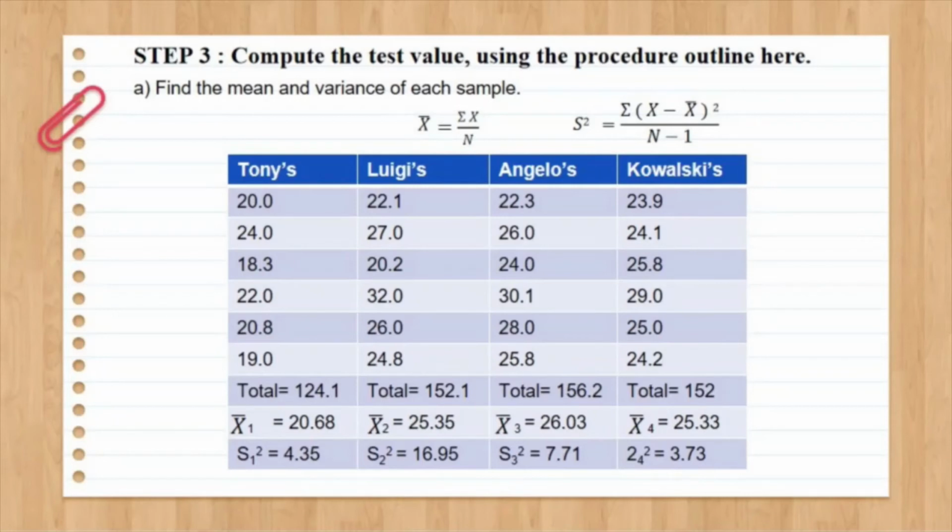So the mean for Tony's is 20.68, mean for Luigi is 25.35, mean for Angelos is 26.03, and mean for Kowalski is 25.33. The variance for Tony is 4.35, variance for Luigi is 16.95, variance for Angelos is 7.71, and the last variance for Kowalski is 3.73.